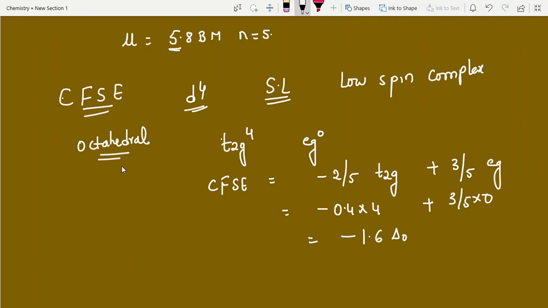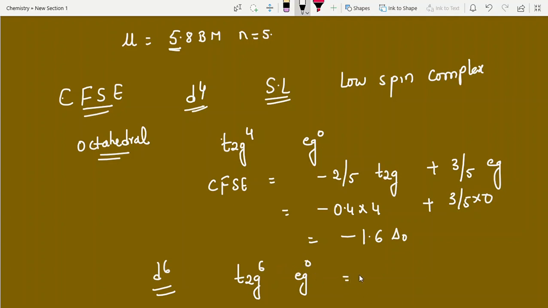Next one, another question. D6 configuration. If you take d6 configuration, then what you will get? First filling, then pairing also. So finally t2g6, eg0.